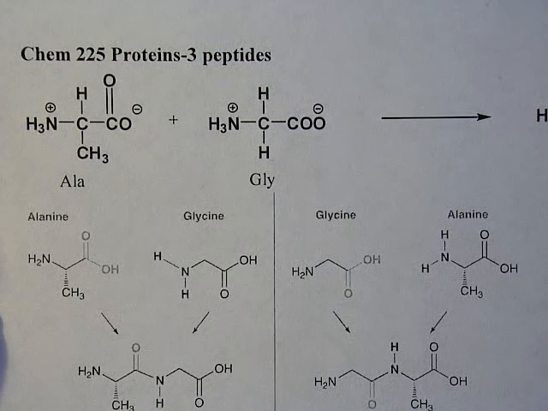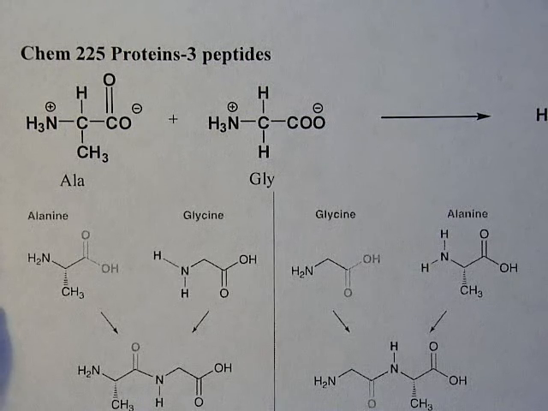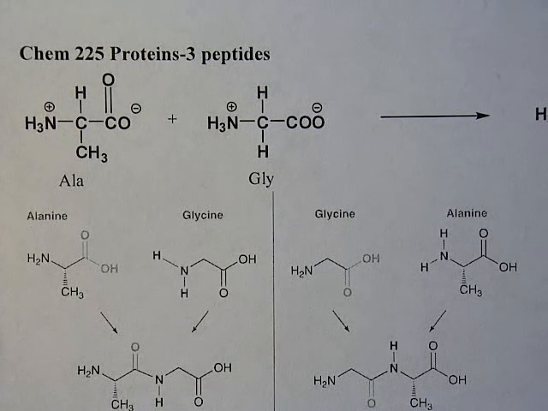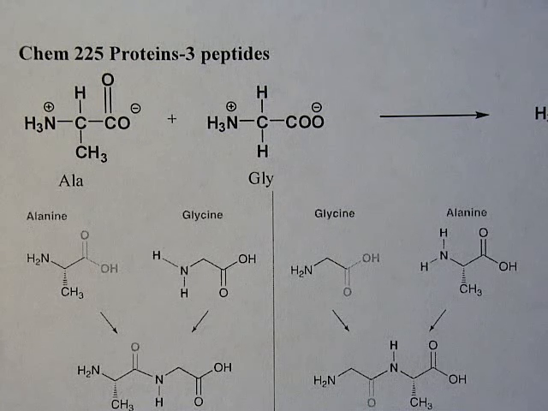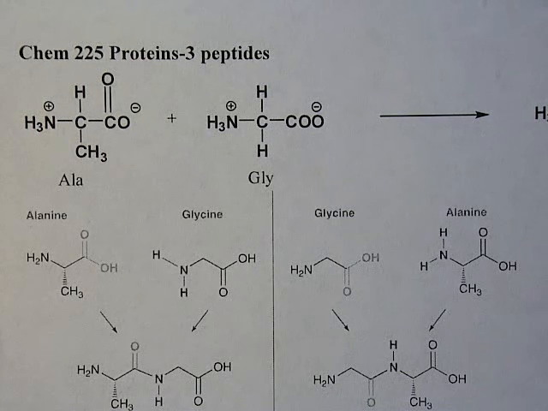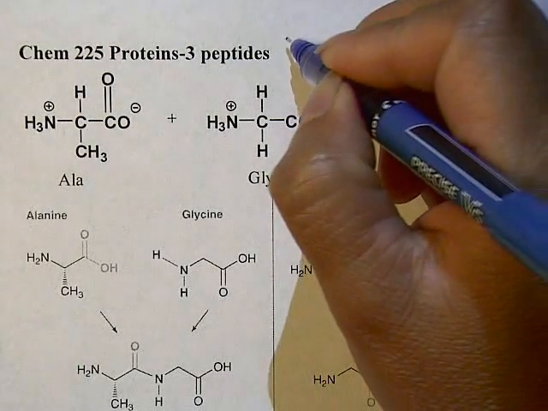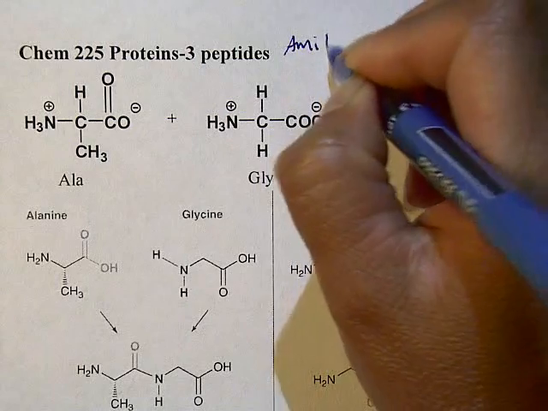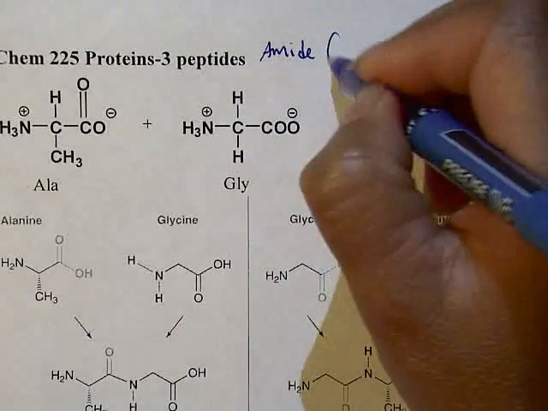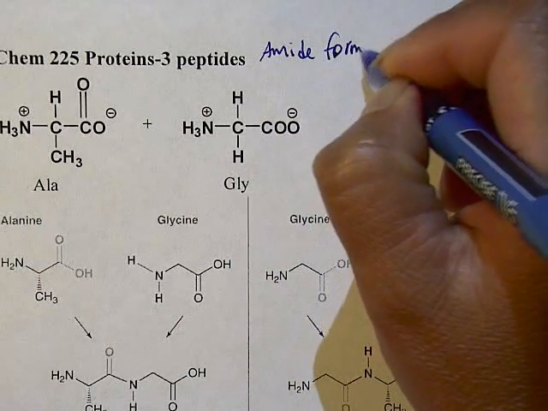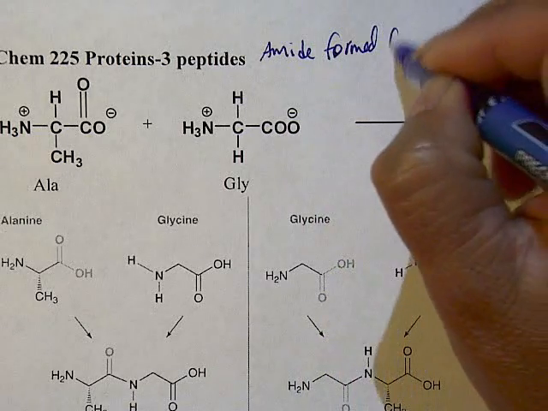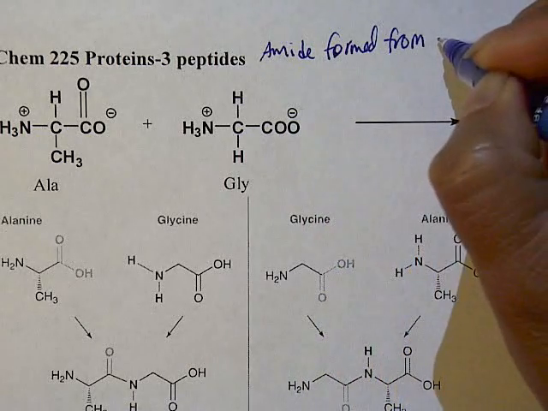So we're ready to talk about what happens when two amino acids get together, and what it forms is what we call a peptide. And a peptide is basically an amide formed from two or more amino acids.